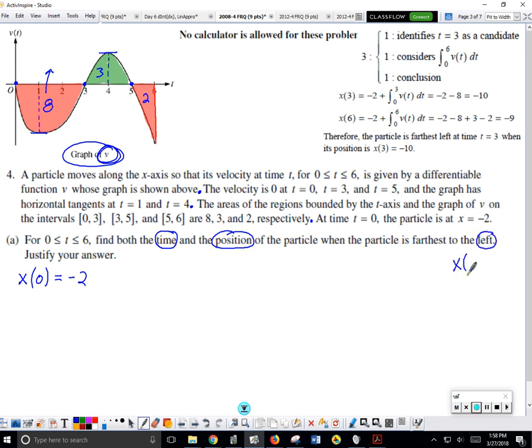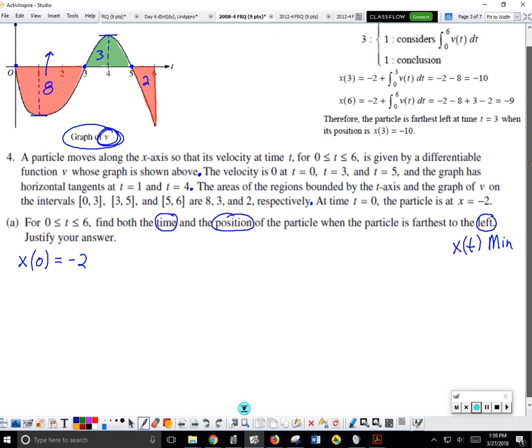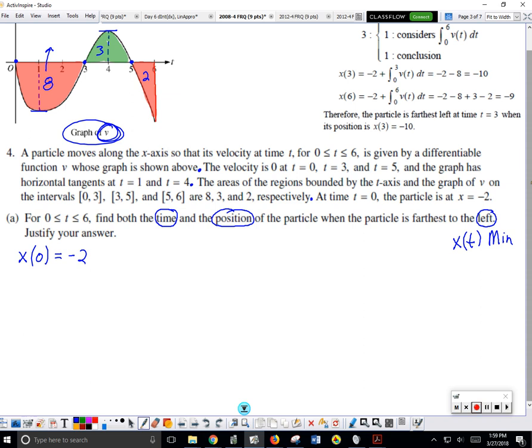I happen to have memorized that farthest left is exactly the same thing as finding the very minimum value of x of t. Questions so far? Justify my answer. So I immediately recognize it as a min-max problem. My flashcard memory says the min-max theorem guarantees that the position will be least at the beginning of the position graph, the end of the position graph, or at a critical point of the position graph. The critical points of position occur when the derivative of position is equal to 0 or undefined.